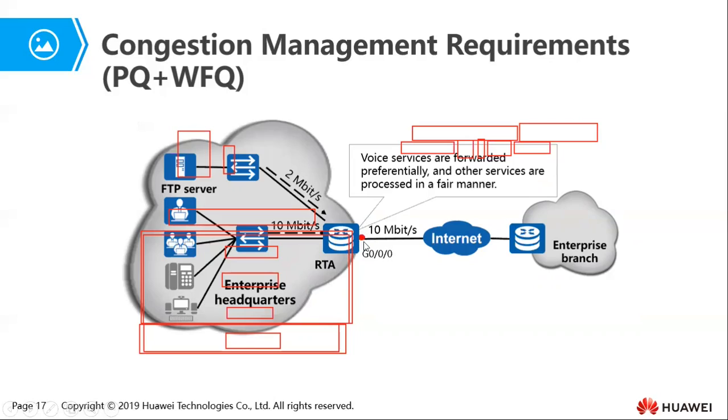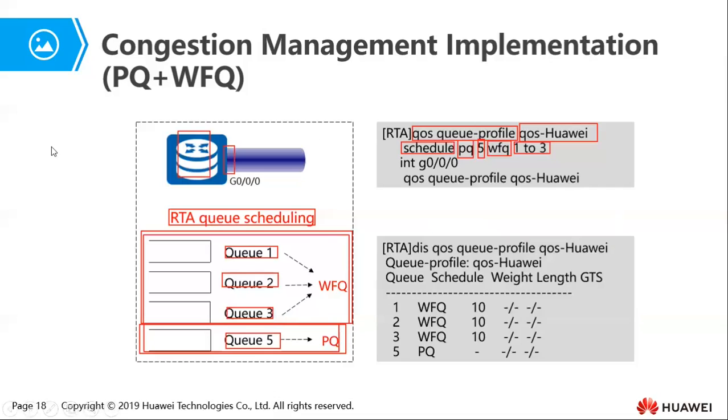This is where we are configuring the queues and the queue algorithm. So we implement that using this command: qos queue-profile, then the name of the queue profile that we want to apply on that interface.